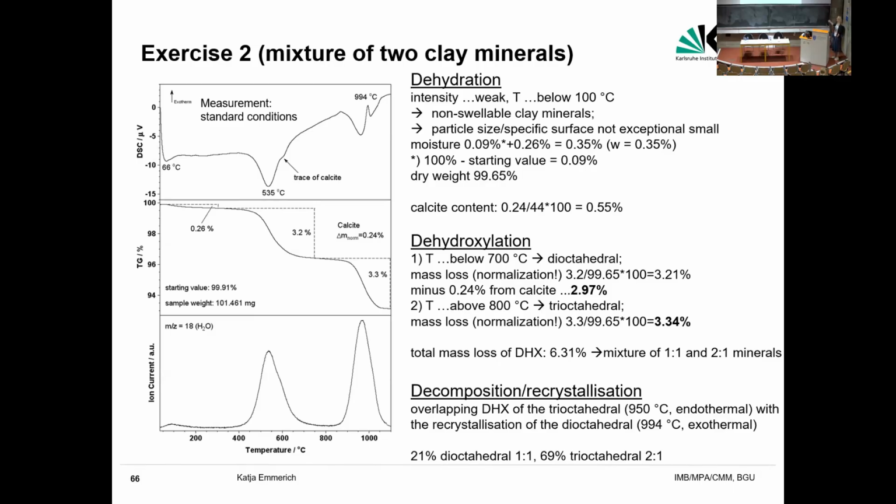And again, step by step, we can go through all the steps. You read the intensity in the DSC curve of the dehydration and the dehydroxylation. Then you normalize the mass loss after you determine the dry weight. And then you can retrieve the information that you have a mixture of dioctahedral 1-to-1 layer silicate and a trioctahedral 2-to-1 layer silicate.